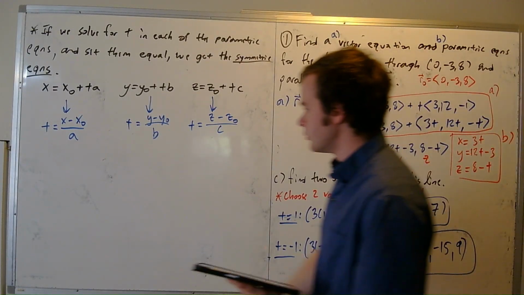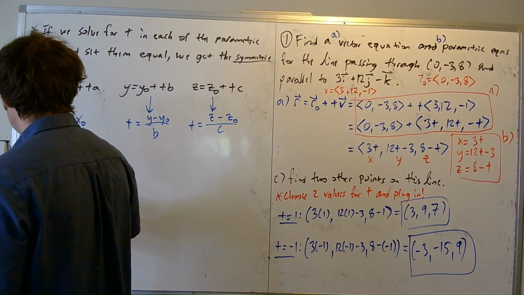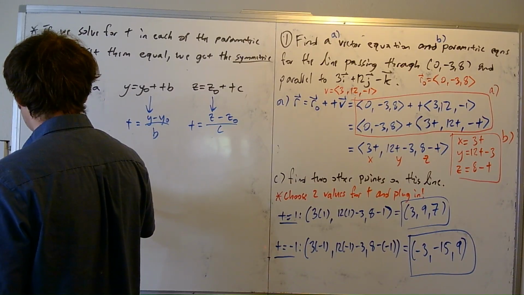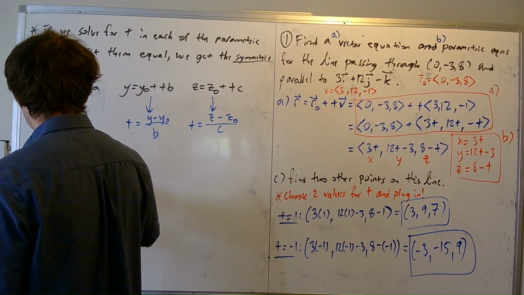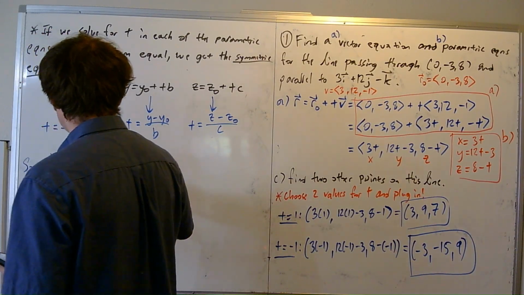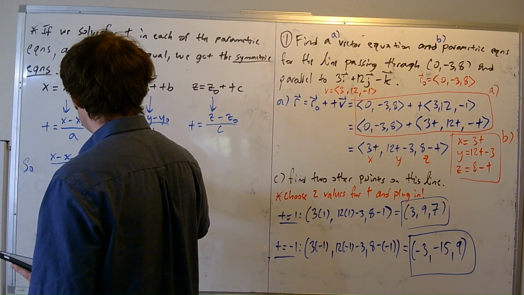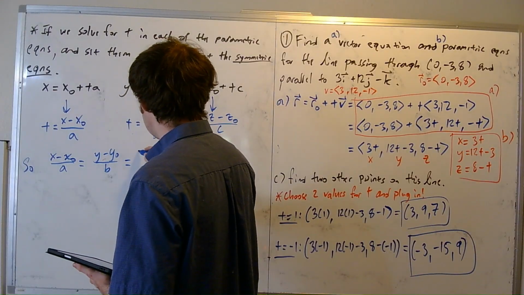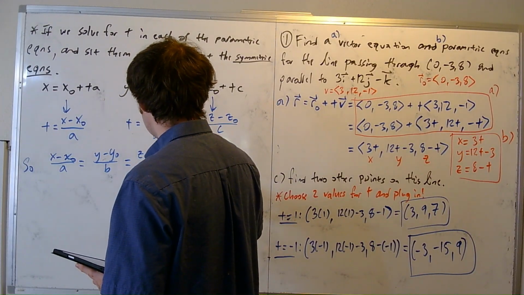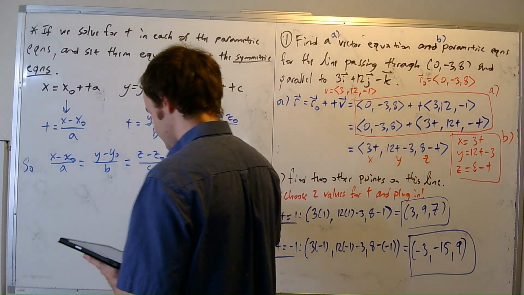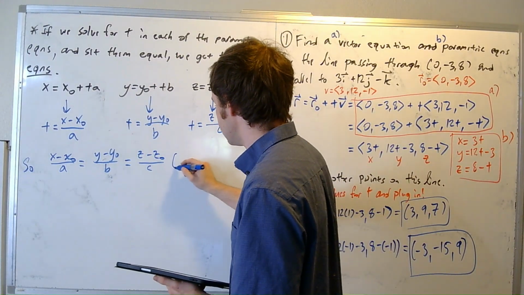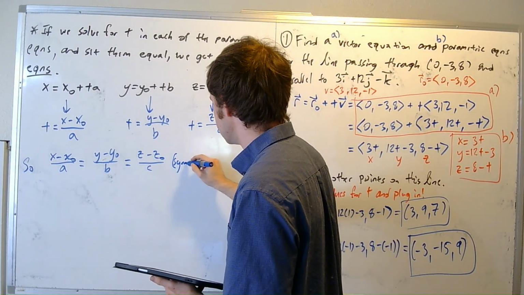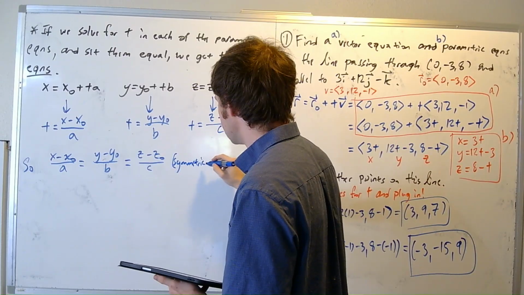And that's why we call them the symmetric equations, because they're all equal to each other. So x minus x0 over a equals y minus y0 over b equals z minus z0 over c. And we call these the symmetric equations.